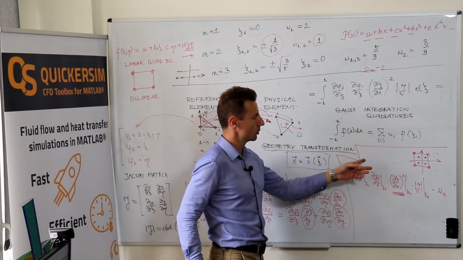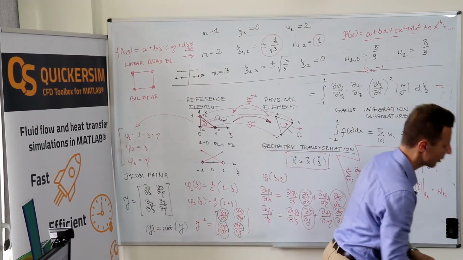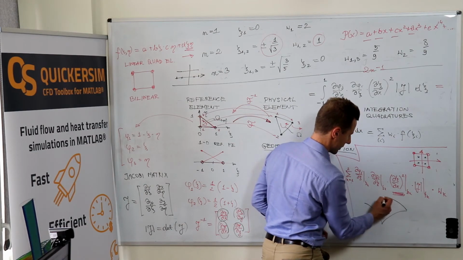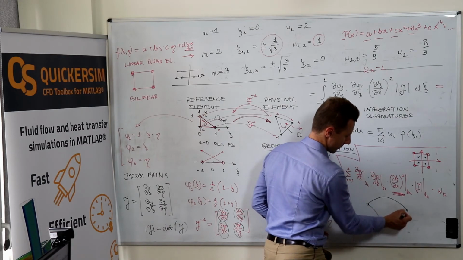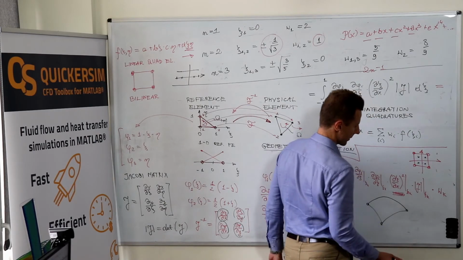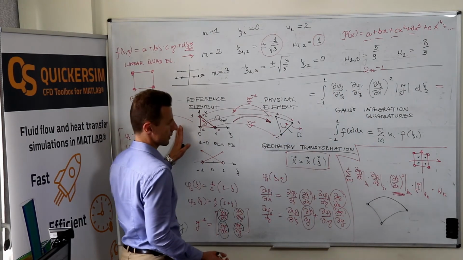Okay, if you want to do curvilinear elements, so basically have a triangle like that, it's fully possible. The concept is simple. You start with the reference triangle.